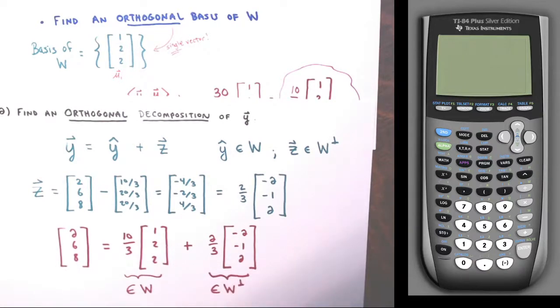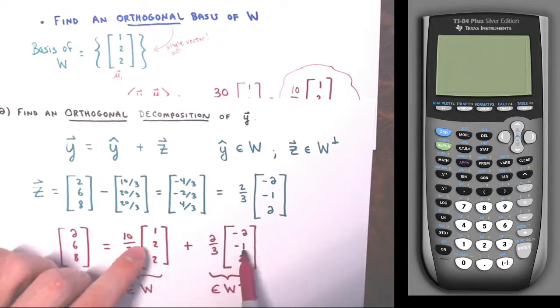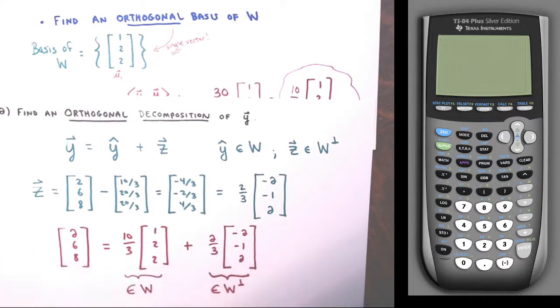And you can check that these two vectors are orthogonal. Take the dot product of 1, 2, 2 and -2, -1, 2. The scalars won't really matter, remember? That's -2 plus -2 is -4, plus 4 is 0.